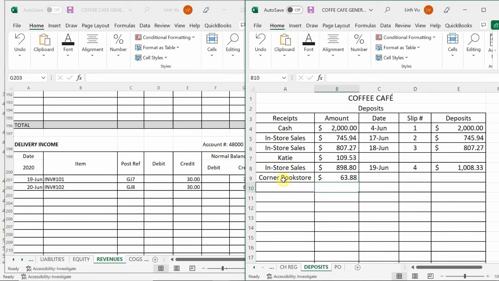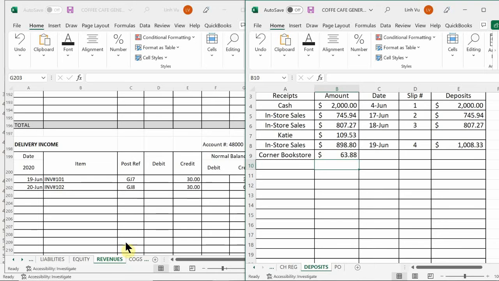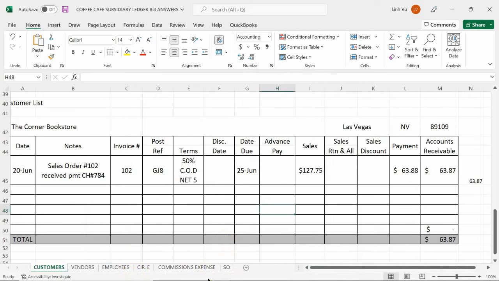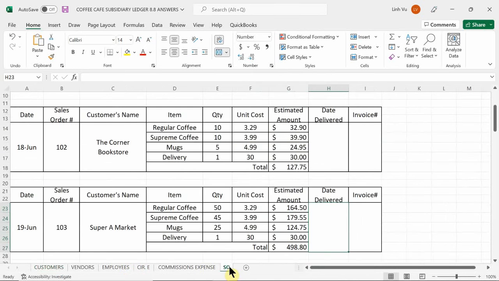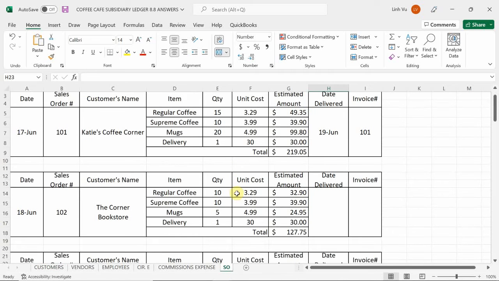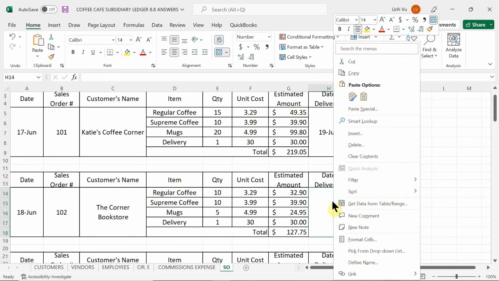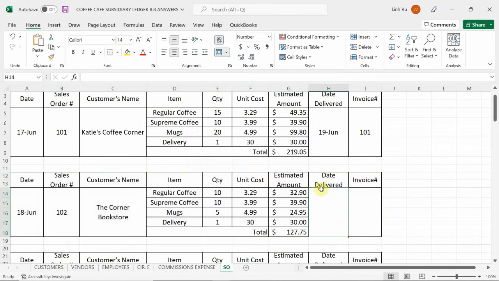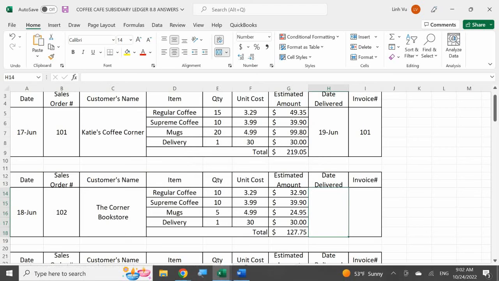So where do we go? We go to payroll. First off, mark off that he delivered the sales order, number 102. Okay, so what's today's date? It's the 20th.